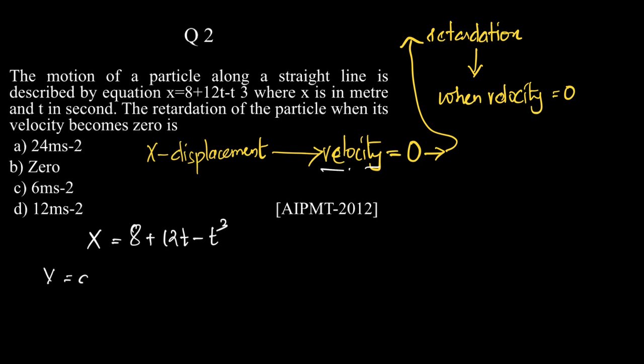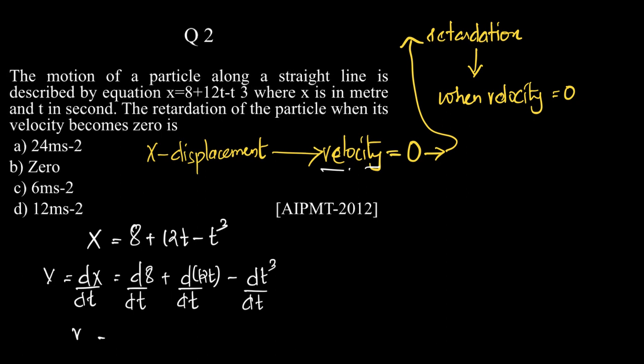Velocity v is equal to d by dt of x, which is d by dt of 8 plus d by dt of 12t minus d by dt of t cube. So v is equal to d by dt of 8 is 0, d by dt of 12t is 12, and d by dt of t cube is 3t square.